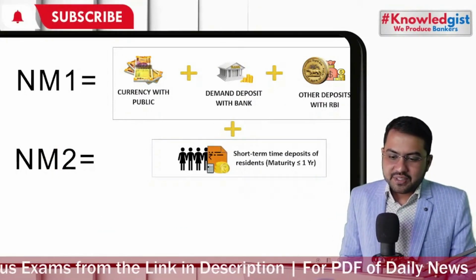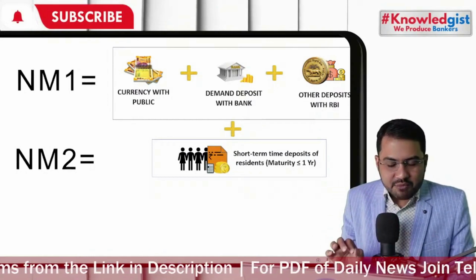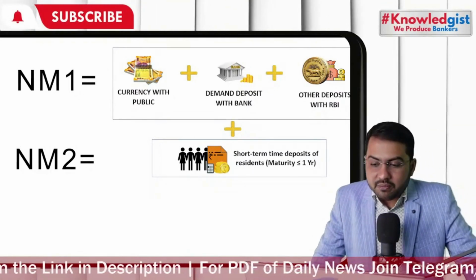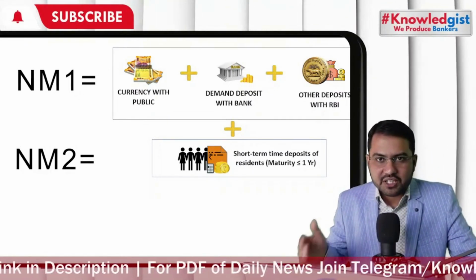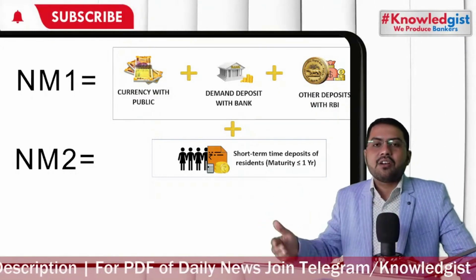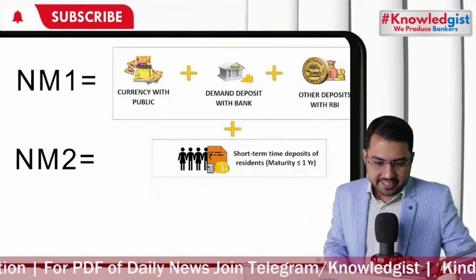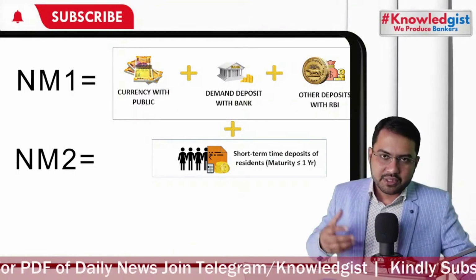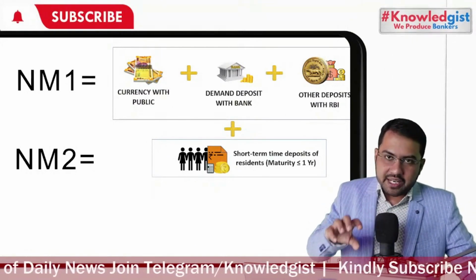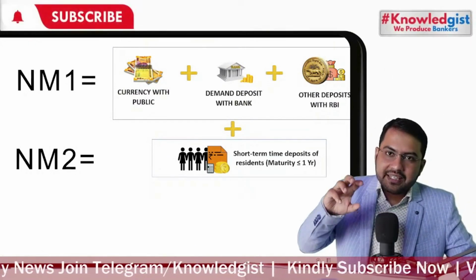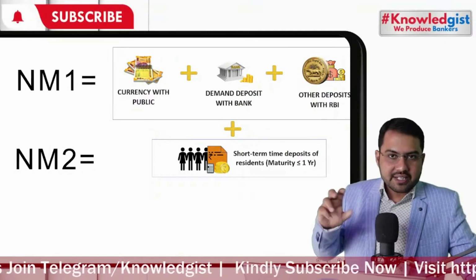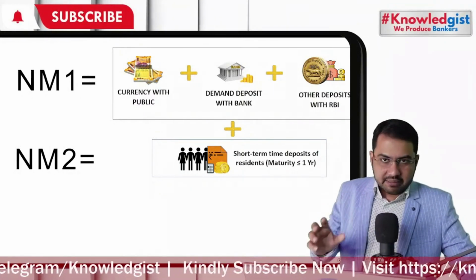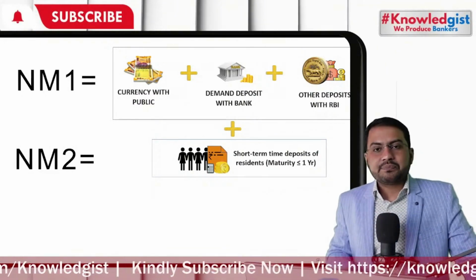Yeah, NM2. NM2 is NM1, please add short-term time deposits of residents. So here something called resident and non-resident came into effect. Like the money with the bank, in M1, M2 we saw that demand deposits with banks and time deposits were added.